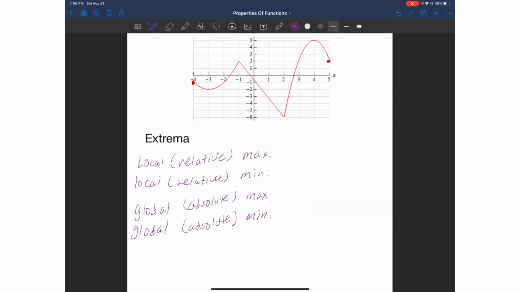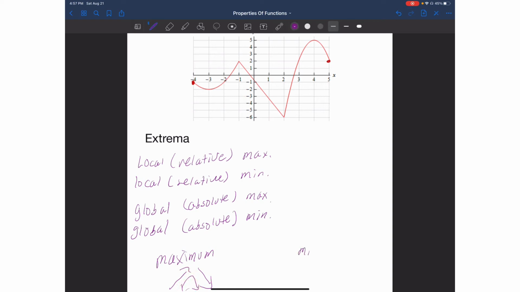Something important about maximums and minimums: a maximum is going to occur when your function changes from increasing to decreasing. Again, back from algebra 2 or algebra 1, remember your little parabola that was upside down? You can see how it's increasing here, and then it starts decreasing, and that creates this point at the top.